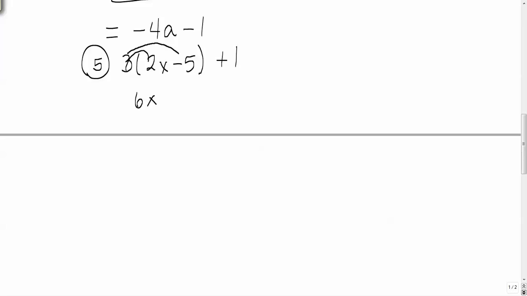Then multiply the 3 times the minus 5, and that gives you minus 15. And bring down the plus 1. Now these two are like terms, so we can combine those. If you put a minus 15 and a plus 1 together, you're going to subtract because they have different signs, and you're going to get negative 14. So it would be 6x minus 14.